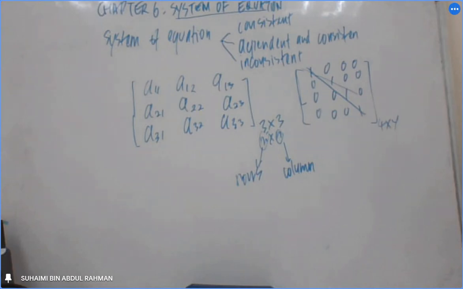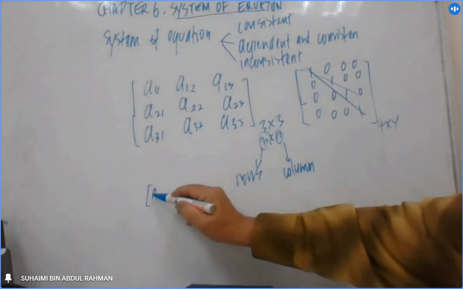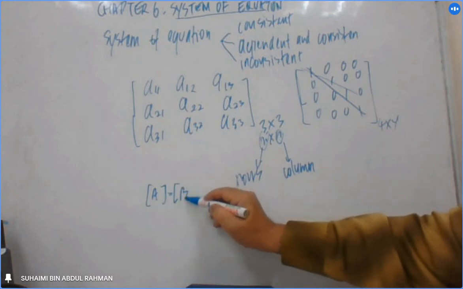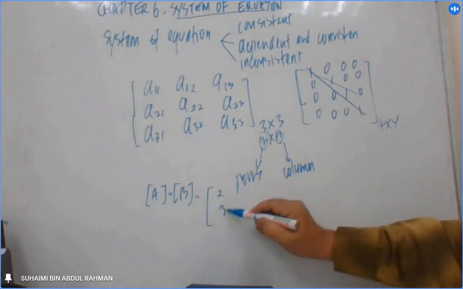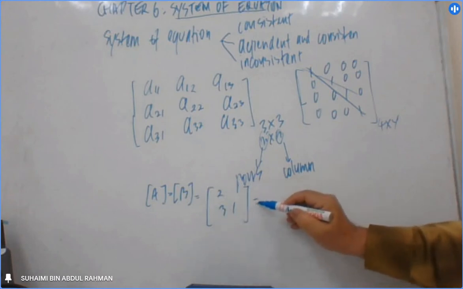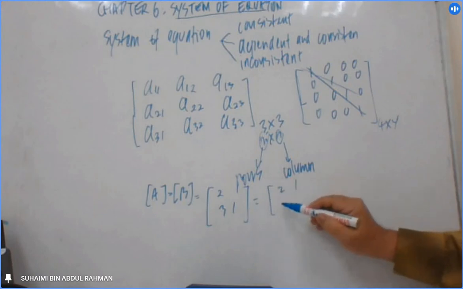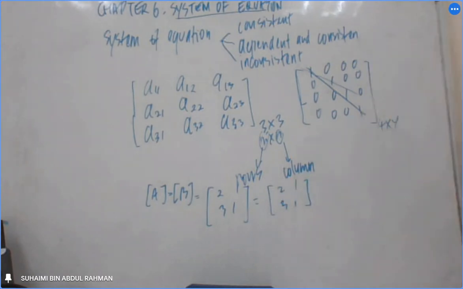Equal matrix is where those elements are equal. Let's say matrix A equals matrix B, provided that all the elements in A, let's say 2, 1, 3, 1, are the same as matrix B, also 2, 1, 3, 1. So we can say A equals B. That's equality of matrix.